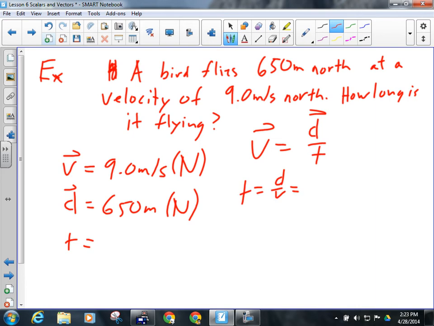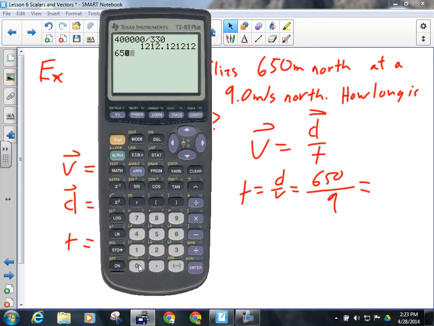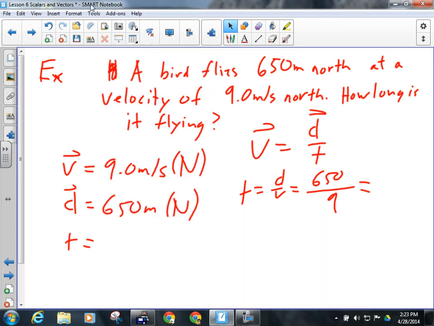So we got our 650 over 9. It would be flying for 72 seconds. Okay, everybody all right with that one?